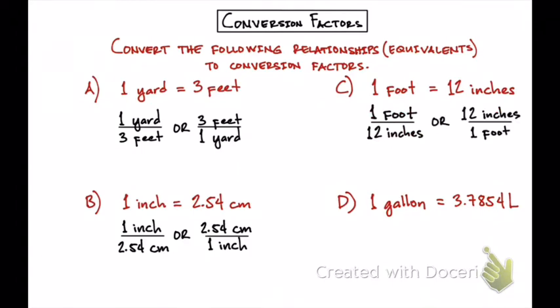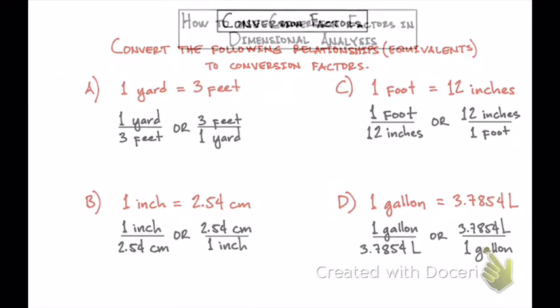Okay, and the last one is 1 gallon is equivalent to 3.7854 liters. So the first conversion factor is 1 gallon per 3.7854 liters, or 3.7854 liters per 1 gallon.